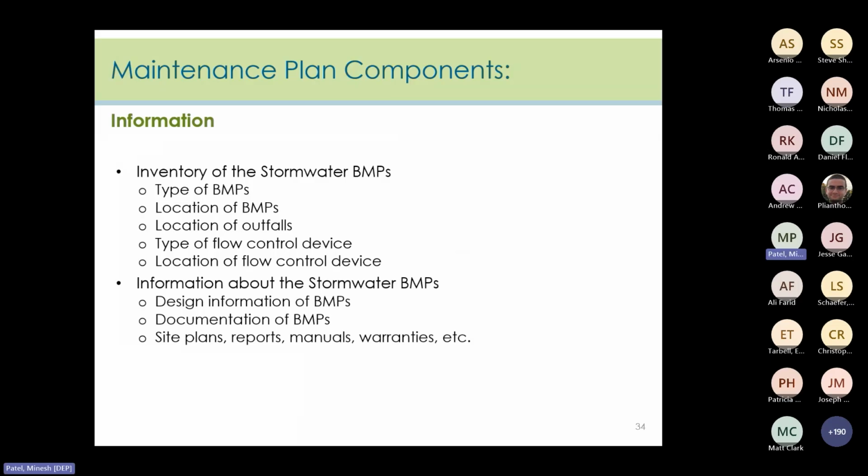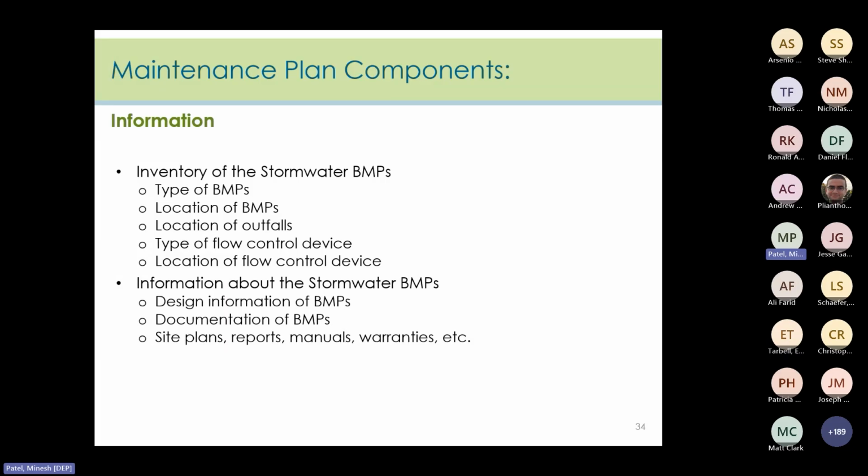Under the information section, a complete inventory of the various BMPs should be provided, including the type and location of the BMP, any outfalls, and the type and location of the flow control device. It's important to note, though, that the 2.5-inch orifice requirement has been removed. Now the focus is on the flow control device, which may take various forms.